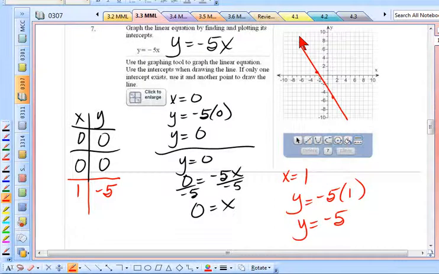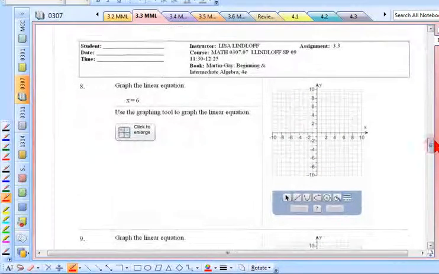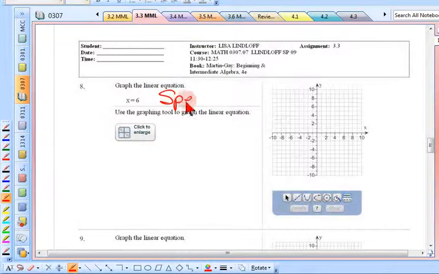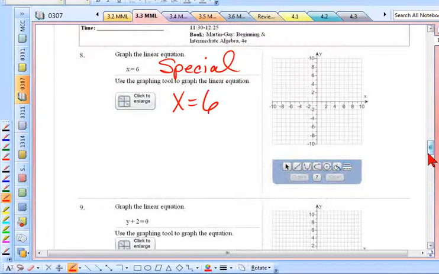Okay. We've got a couple more to look at. Oh, number 8 is special. Let's see if we remember. It is the line x equals 6. You should not have to do any work. X equals 6, special line. What does it cut through?